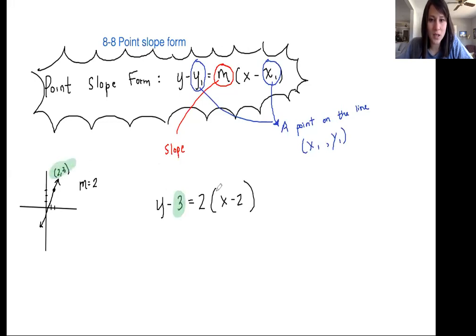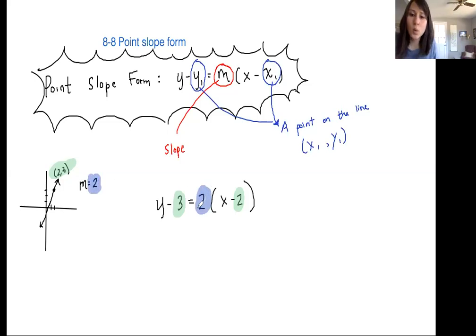The y goes here and the x goes here. Even though the order in the equation is y and then x, as a point it is x first and then y. So I replace it into where the x goes and where the y goes. And then my slope is 2. So this is my slope, and I'm going to put that right there.